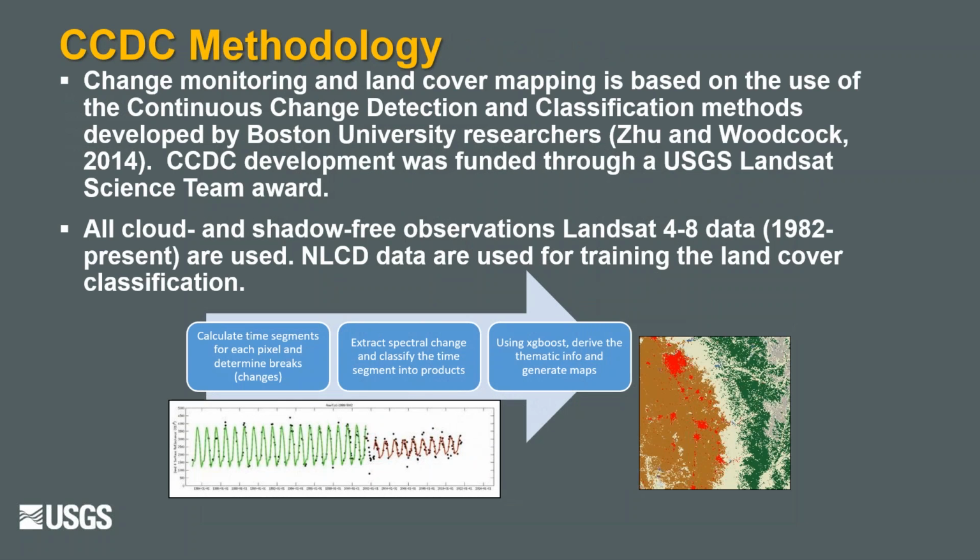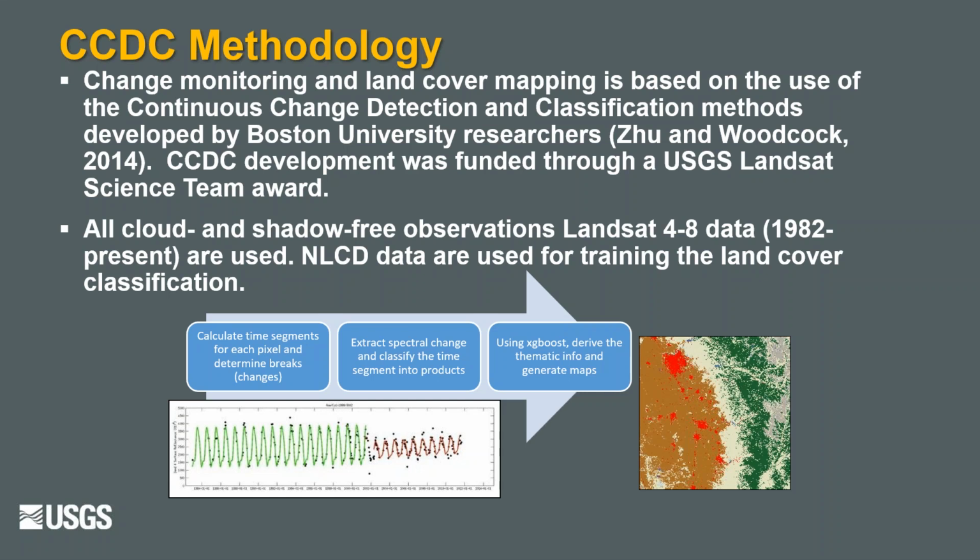So our change monitoring and land cover mapping is based on this algorithm, and we use all these observations to train the models, to develop the harmonic models. Down at the bottom, I'm showing another example through time where we have two different models shown in red and green, and a break in between.